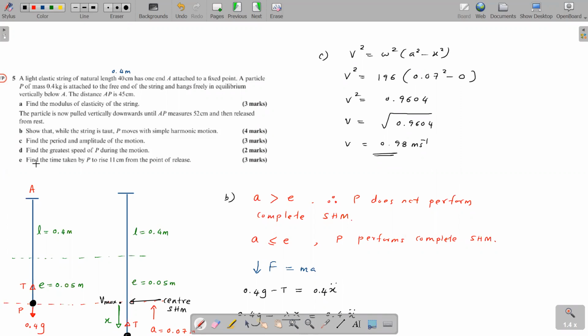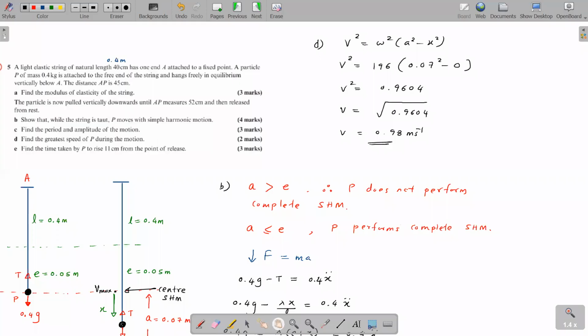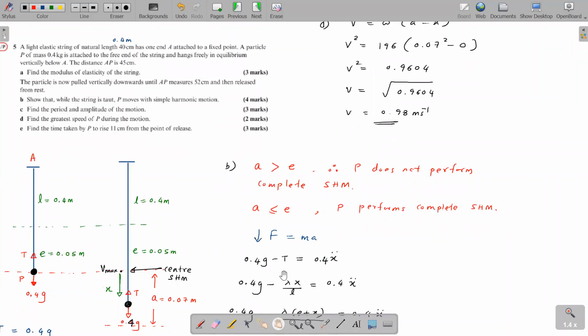Okay, let's try part E now. Find the time taken by P to rise 11 centimeters from the point of release. Guys, how do you find it?